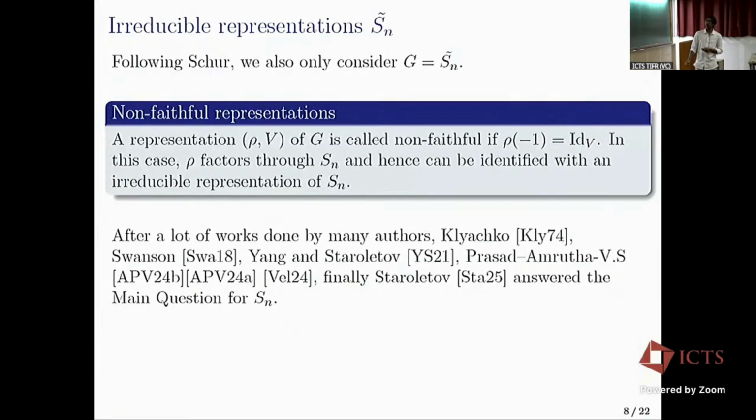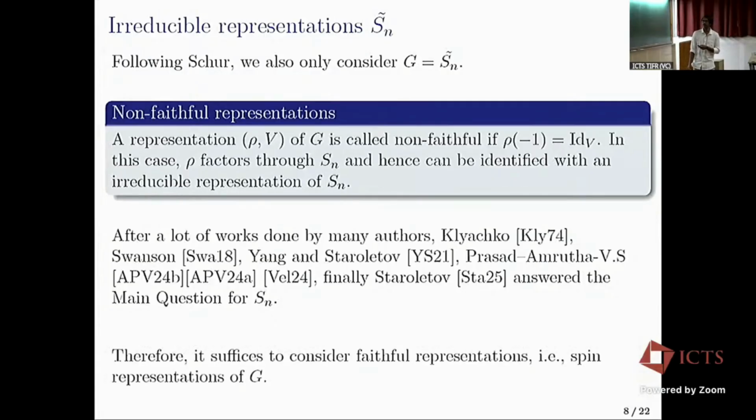Finally, Starletow answered this question completely: you take any irreducible representation of the symmetric group and any permutation in it, and we know the minimal polynomial of the corresponding matrix. So we only consider spin representations, meaning -1 acts as minus identity.